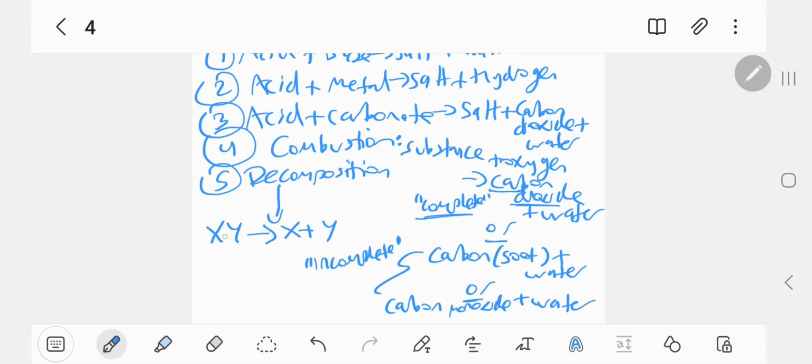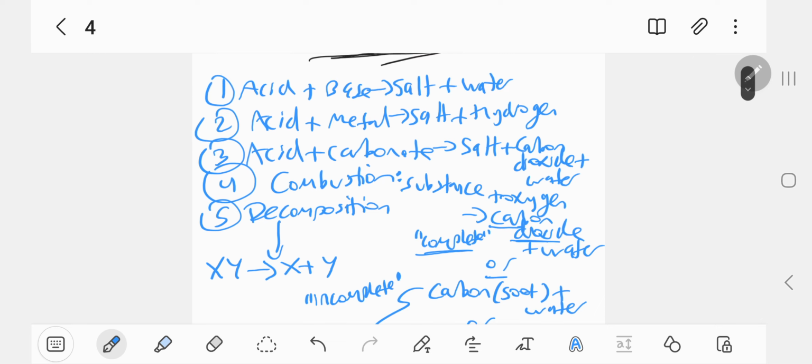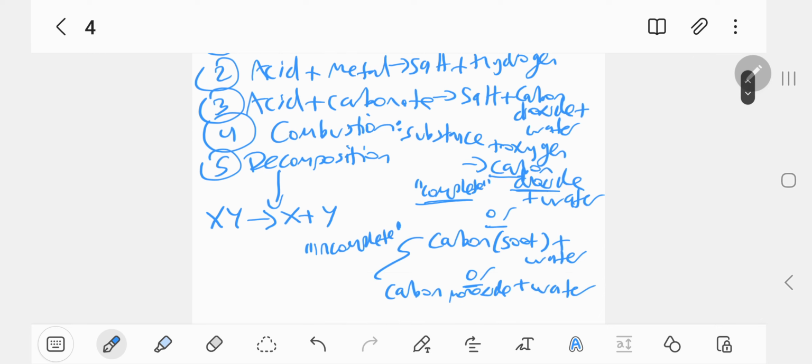So a substance made of X and Y can only break down into what it's made of, X and Y. It can't break down into gold, for example. So they're the main reactions. Just a note as well for combustion: combustion is exothermic. You must know this. Exothermic means it releases energy, releases heat. It involves burning.